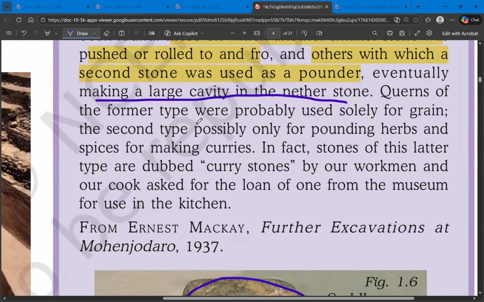Querns of the former type were probably used solely for grain. The second type possibly only for pounding herbs and spices for making curries.